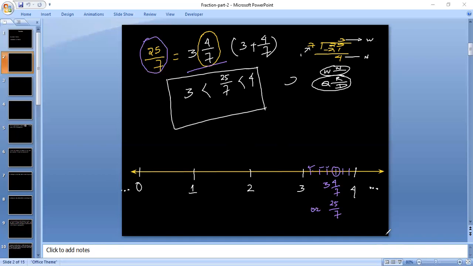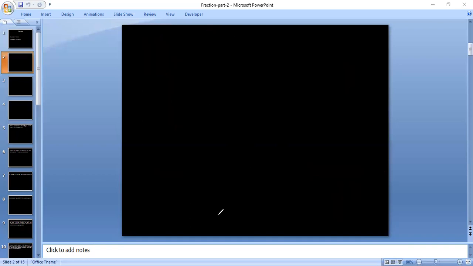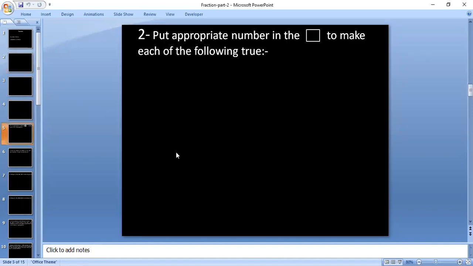So let's start. The first question is very simple. First, you should determine the portion of the fraction on the picture. Here I will take number 2.